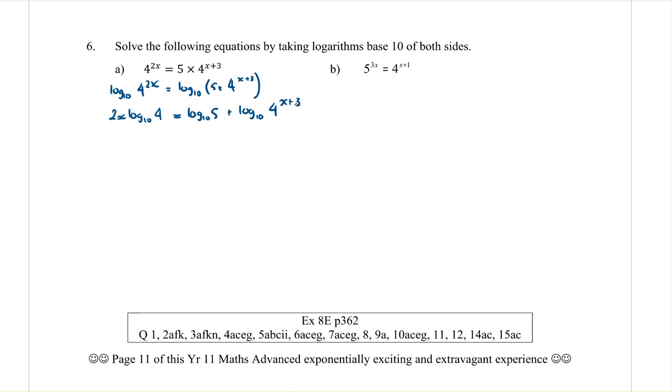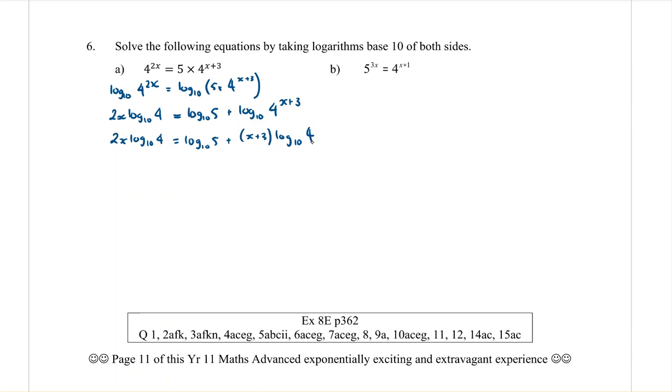Okay, now I can bring that power down the front for that last logarithm. Everything else I'm just going to leave the same for the next line. And I'm going to bring down the x plus 3 to the front, and it'll be log base 10 of 4.